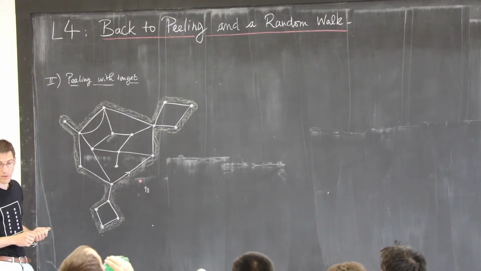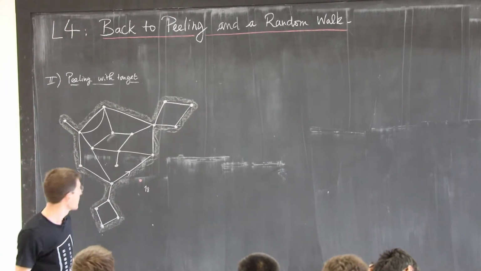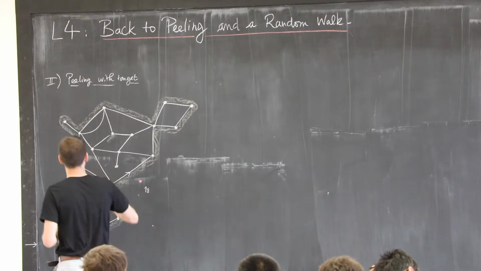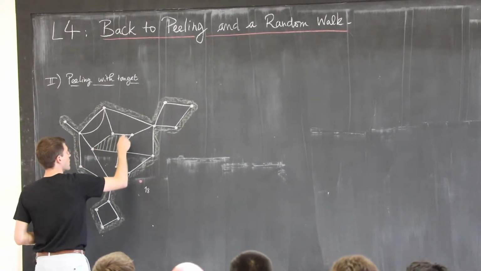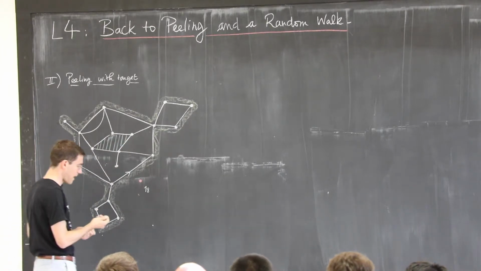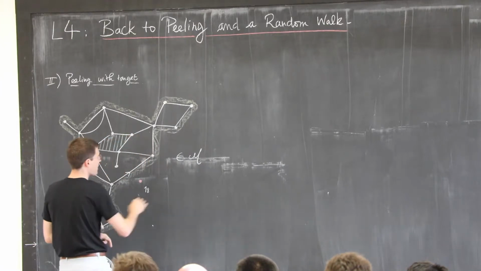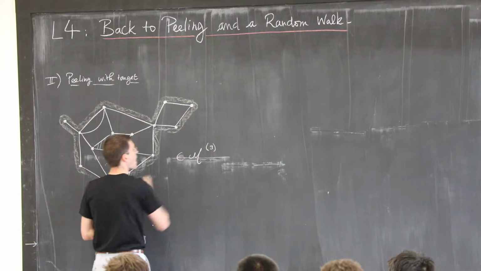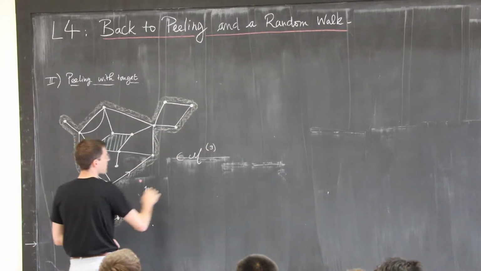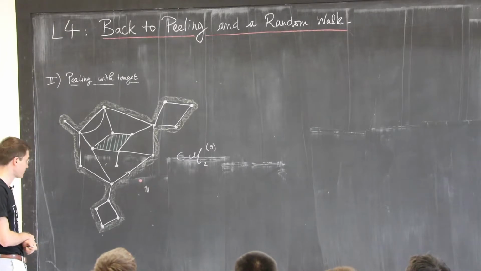Now you have a target face, the coffee room, let's say, the room you want to find. This map, with my notation, is an element of maps with boundary size 9, half perimeter 9 on the external face, and the target face has perimeter 4, so I put a 2 here.